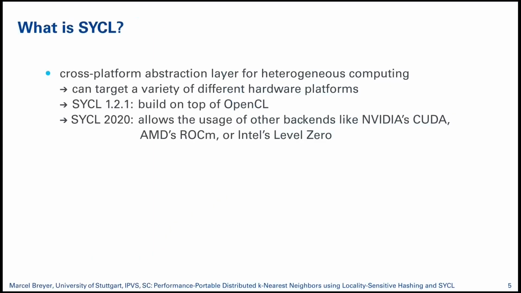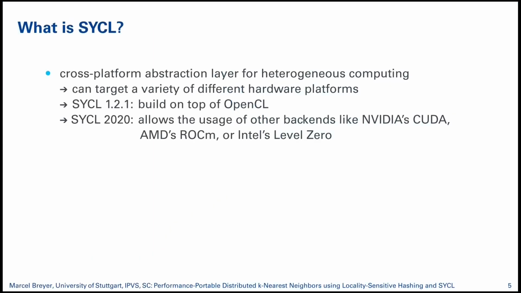Since I wanted to implement a performance-portable locality-sensitive hashing algorithm, I now want to talk about SYCL, a framework which allows someone to achieve performance portability. At first, what is SYCL?